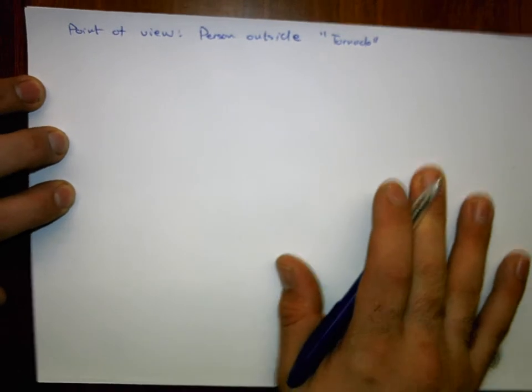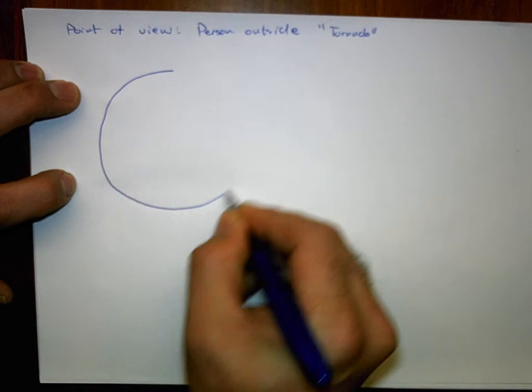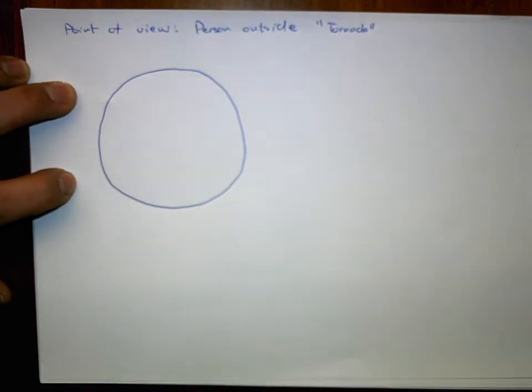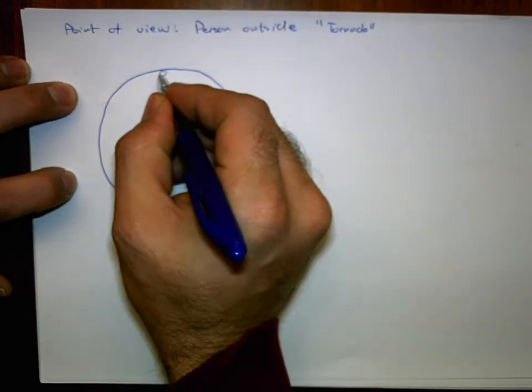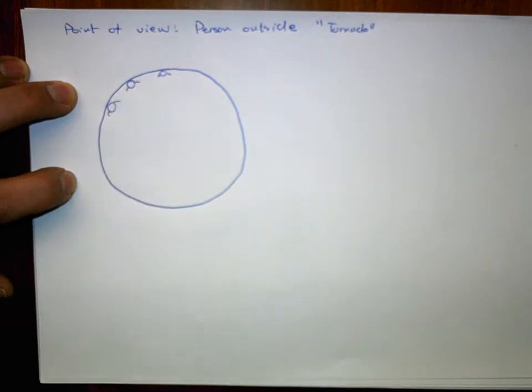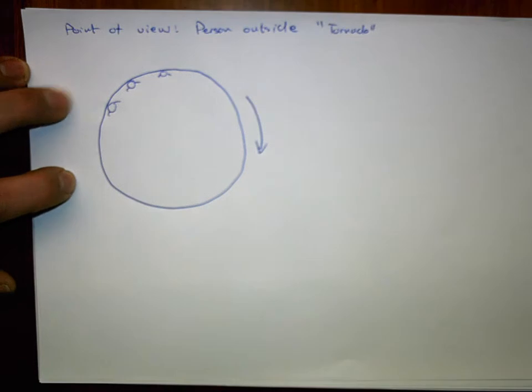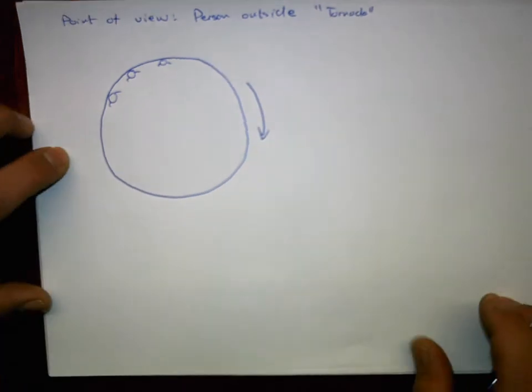So from the point of view of a person outside the tornado, they see basically the top view, the drum, and we've got people standing against the wall everywhere, and this thing starts spinning faster and faster.